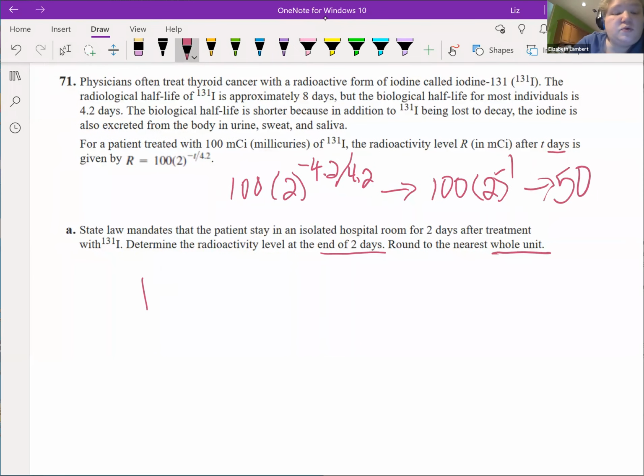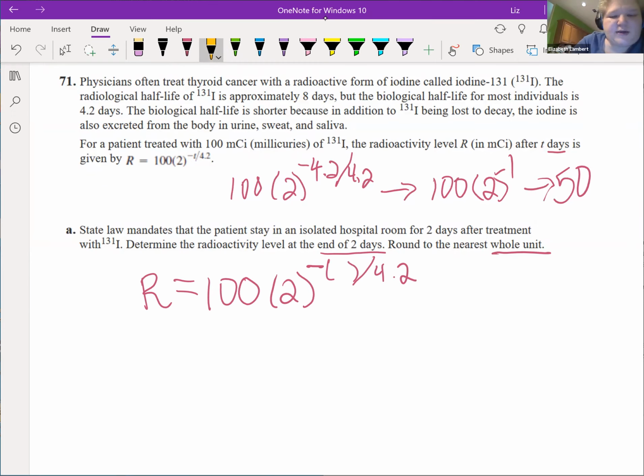We can even think of this as function notation if you wanted to say like r of 2, but that's not r times 2. Some of you get a little tripped up by function notation. I'm not going to do it here. So we have the 100 times the 2, and then negative, put the number in for t, and divide it by 4.2.